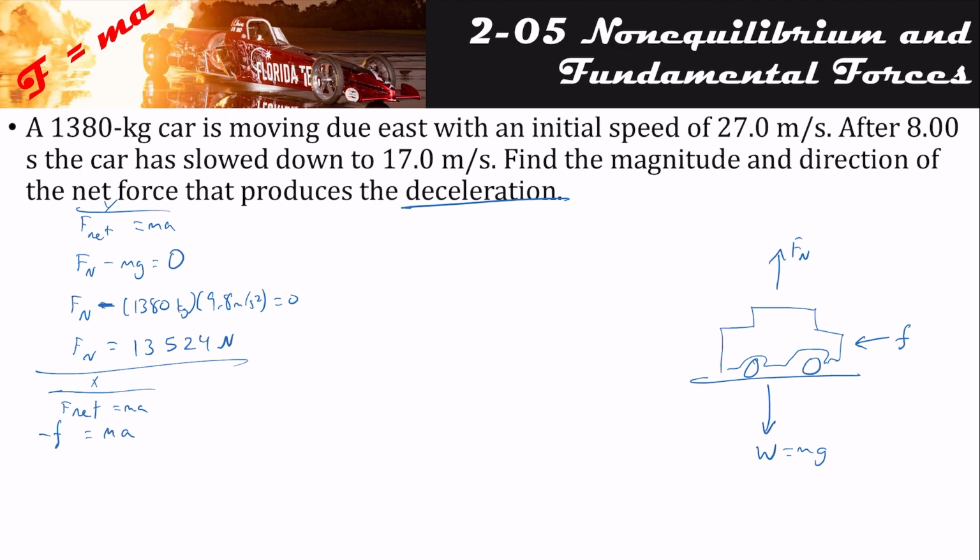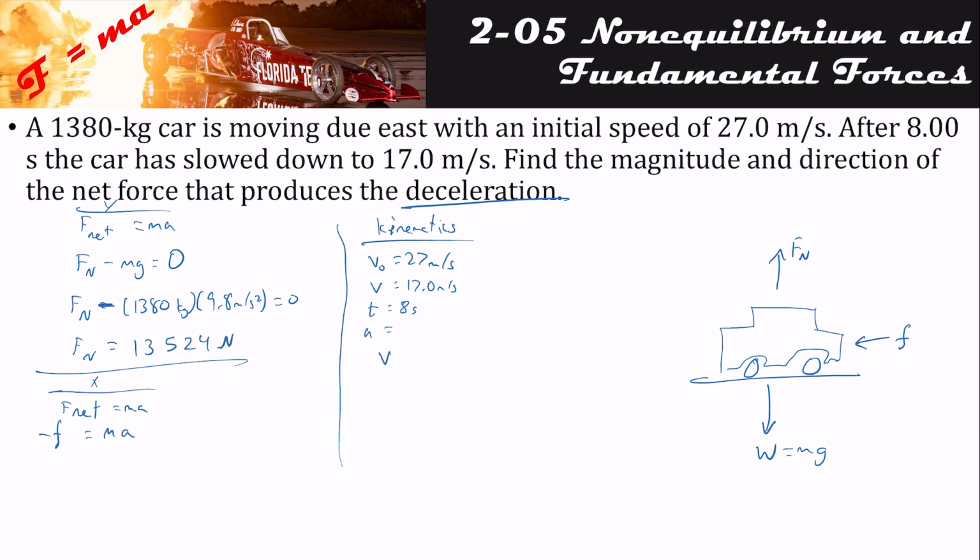So I'm going to have to use some kinematics to find my acceleration. What do we know? We know our initial speed is 27, and we know our final speed is 17. We know our time is 8 seconds. I'm looking for my acceleration.